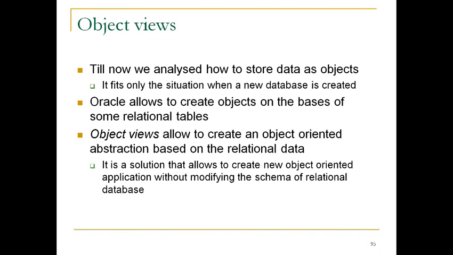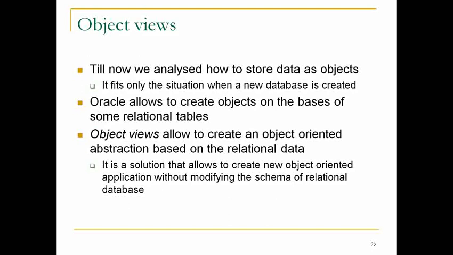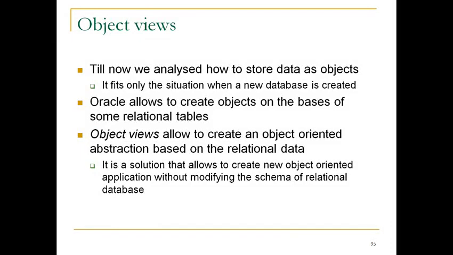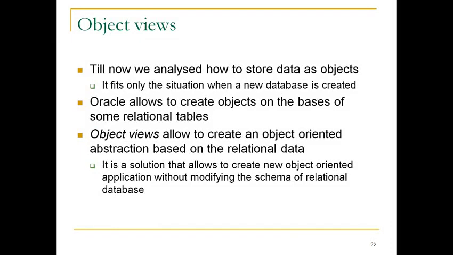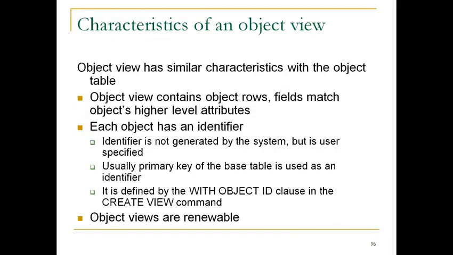And object views help us if we already have a relational database. We can look at it as an object relational database through these object views, which allow us to create an object-oriented abstraction based on the relational data. We can look at relational data as if they are objects. So we don't have to modify the schema of the relational database, and we can use it as an object.